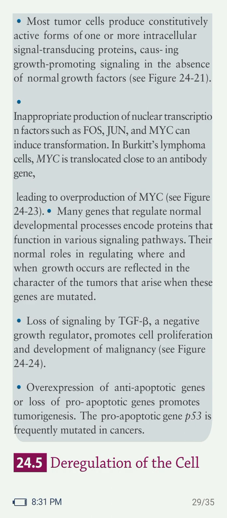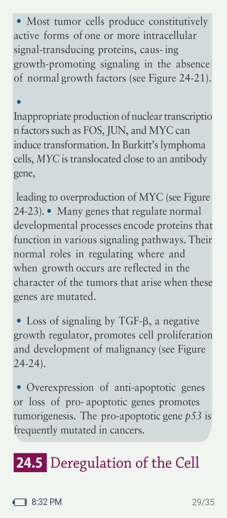Inappropriate production of nuclear transcription factors such as FOS, JUN, and MYC can induce transformation. In Burkitt's lymphoma cells, MYC is translocated close to an antibody gene, leading to overproduction of MYC. Many genes that regulate normal developmental processes encode proteins that function in various signaling pathways.